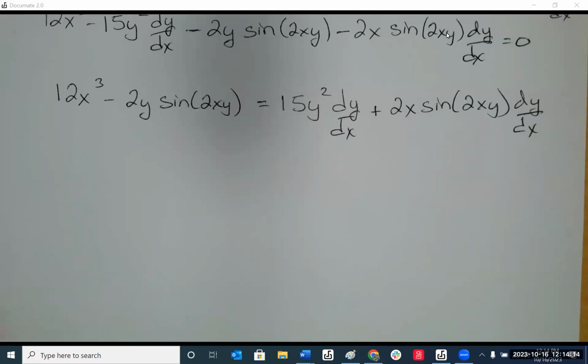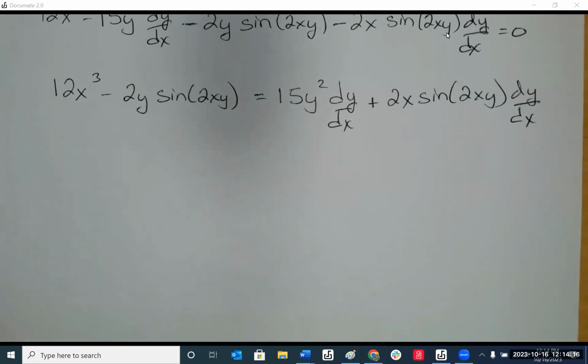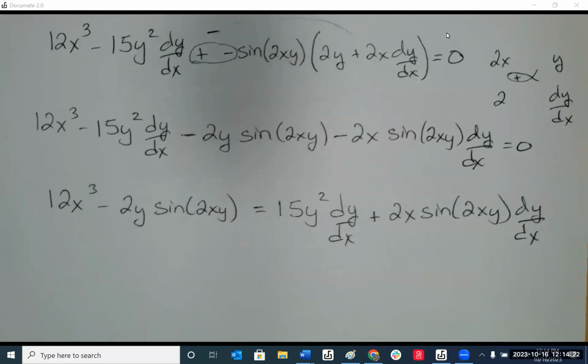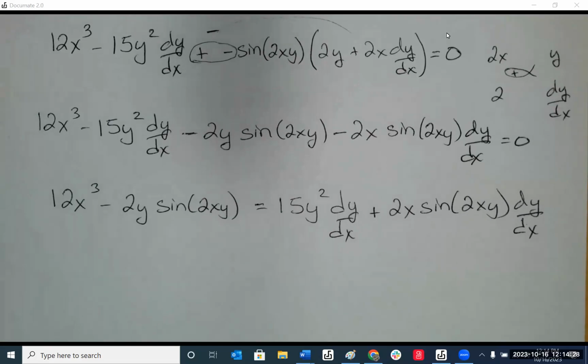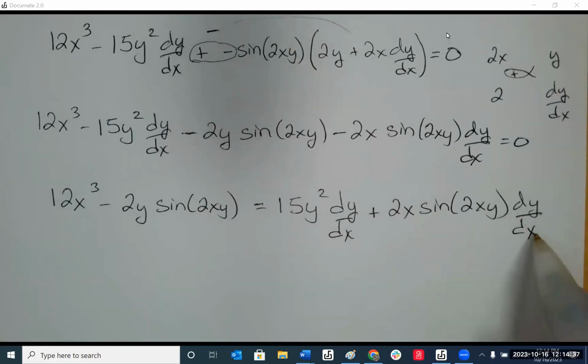Then, is it right if I put 2x times dy times sine 2x? It's right. It's commutativity. You can move them around. I like to put dy/dx at the end. Because of commutativity, you can move them any way you want to.